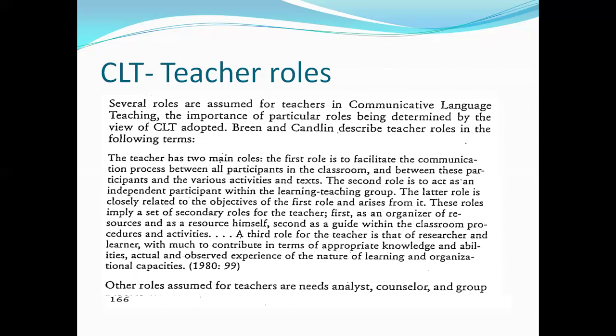And for this reason, the teacher's role in CLT is to involve all kinds of learners in active participation. That is what the teacher will do. The teacher will try to negotiate or provide the facility so that every student can get involved in the participation, to facilitate the communication process between all participants in the classroom.